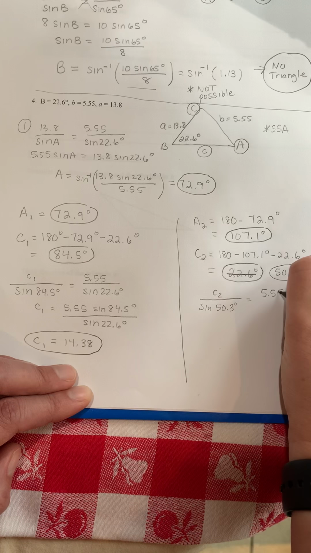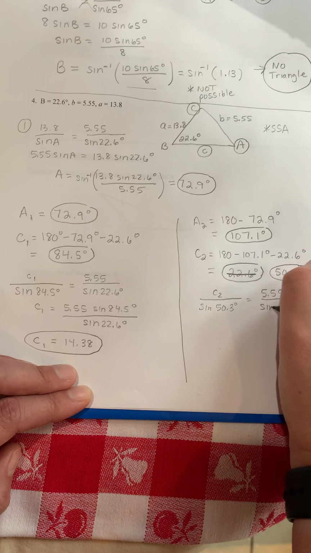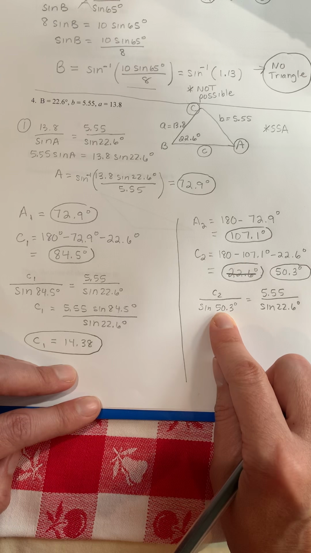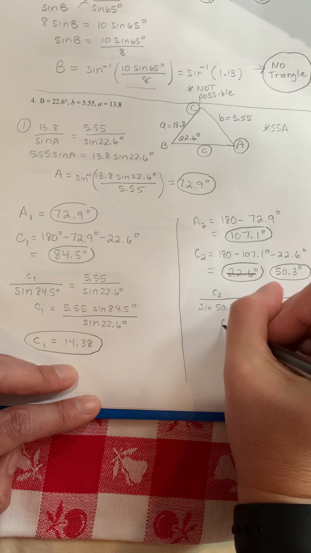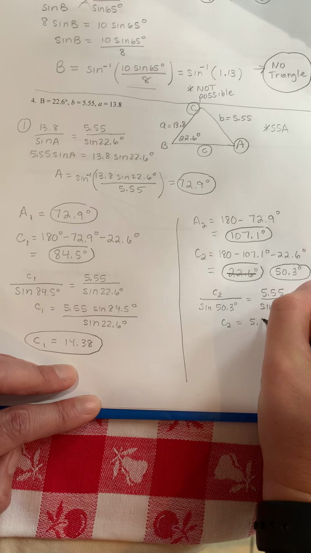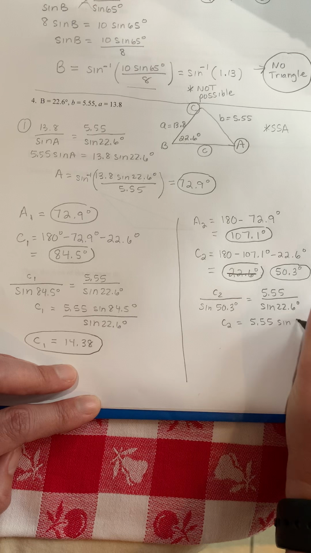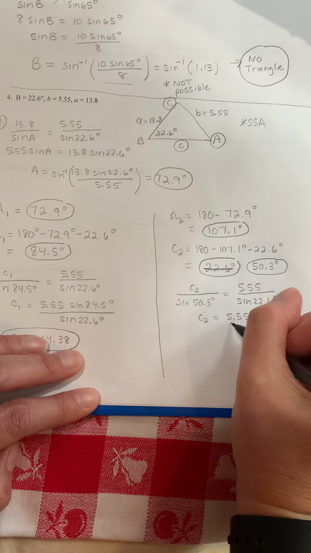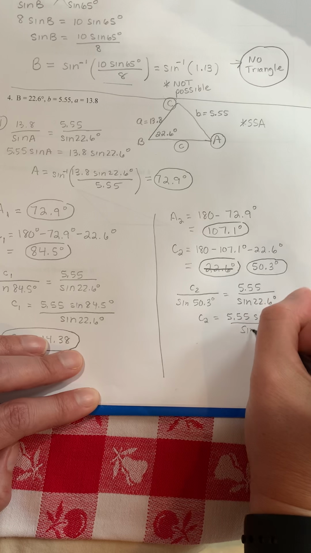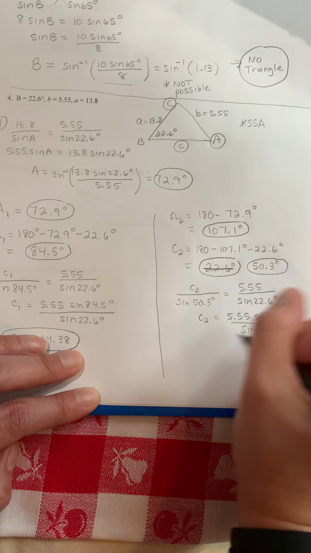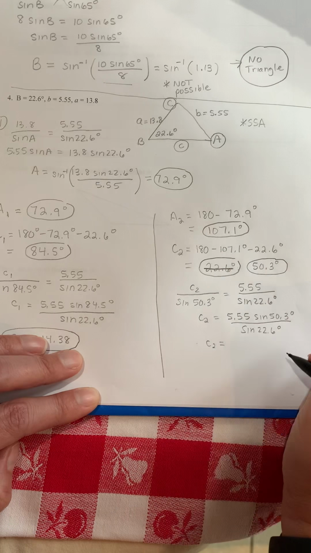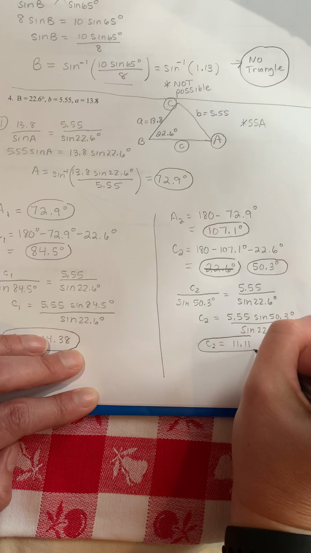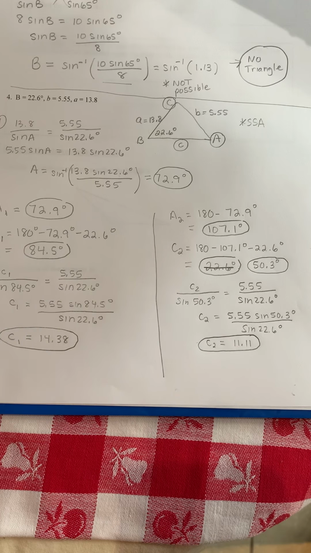So we have 5.55 all over the sine of 22.6, and we're going to multiply by the sine of 50.3. So we have 5.55 times the sine of 50.3 degrees all over the sine of 22.6 degrees, and side C2 ends up being about 11.11. Okay, and that completes example 4.